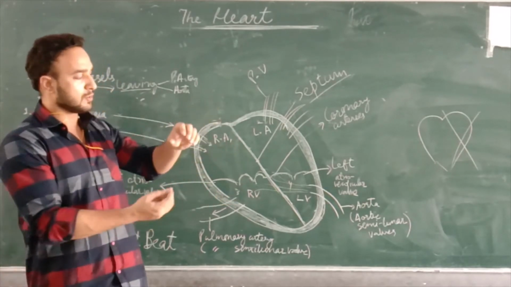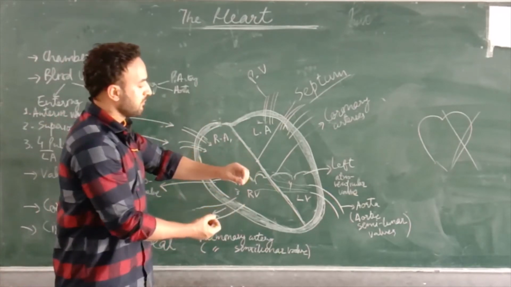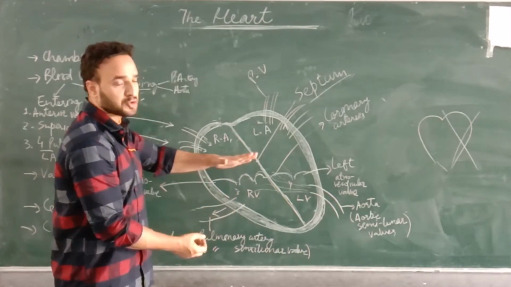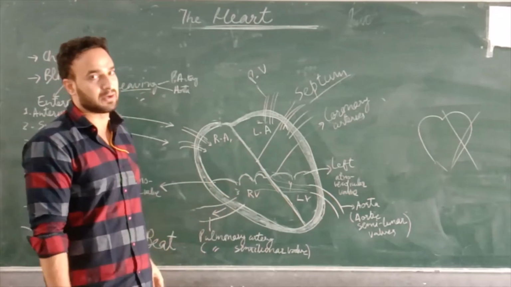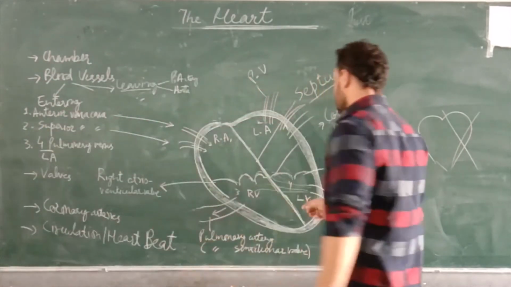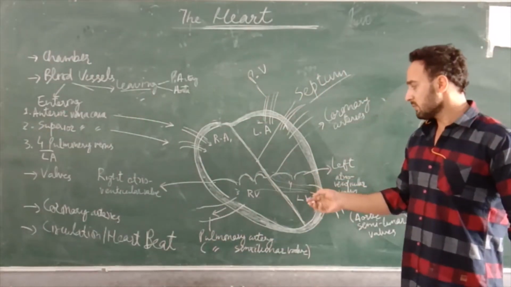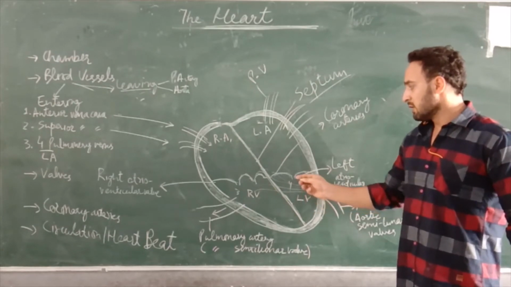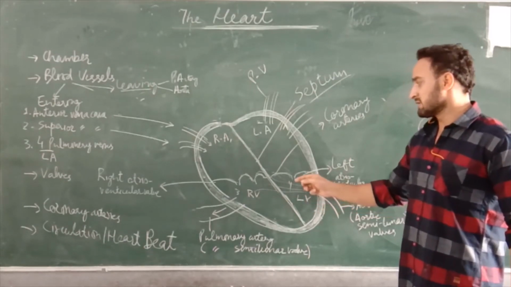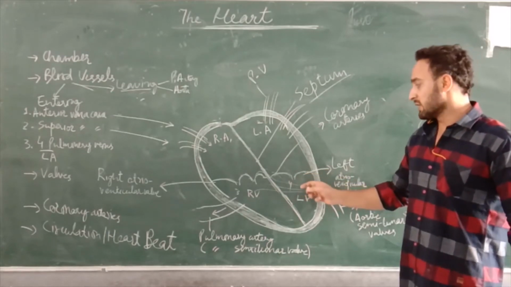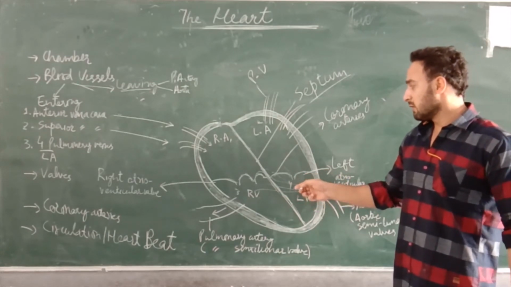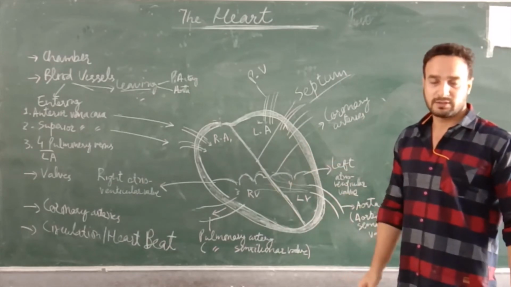When the right ventricle contracts, these flaps are pushed upwards and they close the lid between the right auricle and the right ventricle. Similarly, when the left ventricle pumps, the pressure of the blood closes the left atrioventricular valve so that the blood cannot flow back from the ventricles to the auricles. Understand?